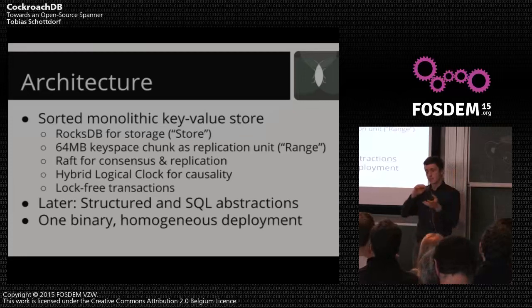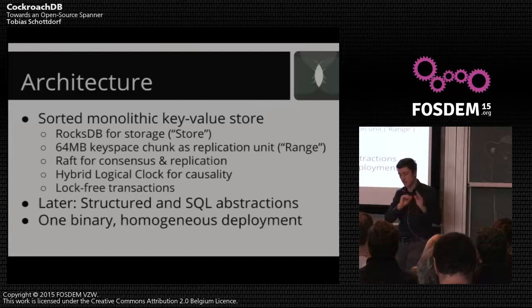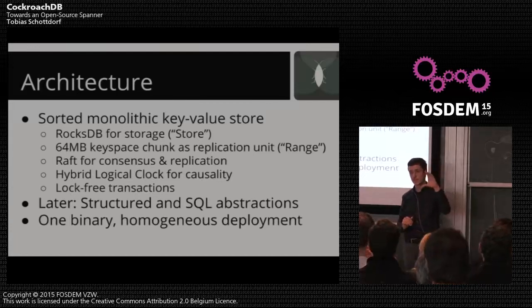And those units form consensus groups. On that level, you get your consistency and replicate the data on different nodes. If one of the units gets too fat, it will split into two units. If many units get very small, they will fuse into one unit. So this is called a range, and if you read the design document, it's all over the place, because that's the fundamental unit of replication and encapsulation in Cockroach.